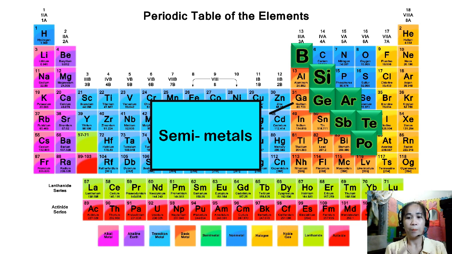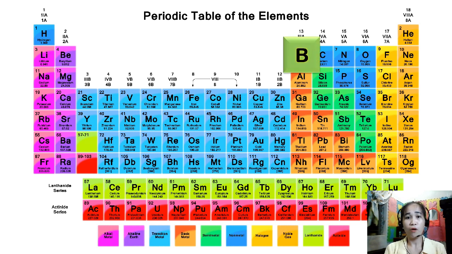Why are they called metalloids or semi-metals? Because semi-metals have the appearance and some properties of a metal, but they also behave like a non-metal in certain instances. That is why they are called semi-metals or metalloids.